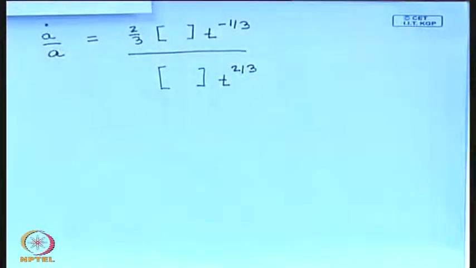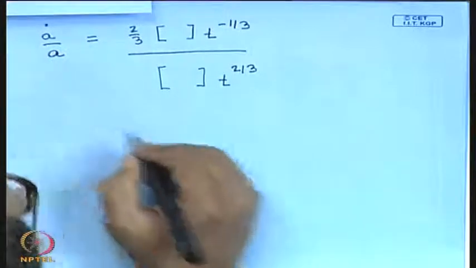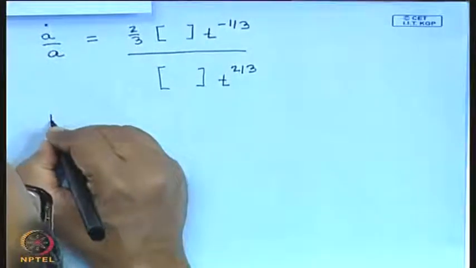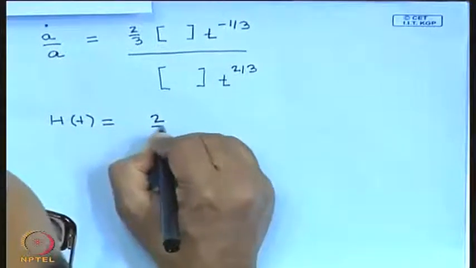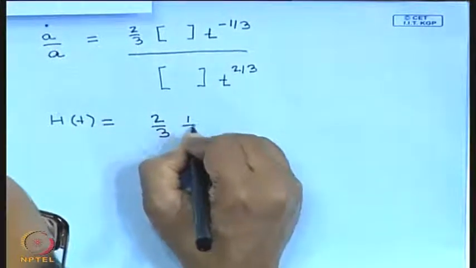So now you see that the Hubble parameter H of t in this model comes out to be 2/3 into 1 by time.